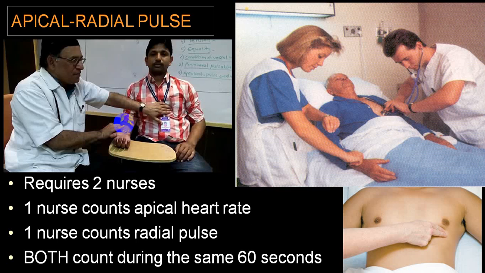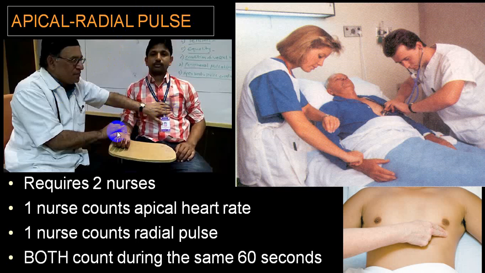A ventricular premature beat will produce apex pulse deficit, or we use the word miss beats. So in a minute, if you calculate the number of miss beats, that gives you the apex pulse deficit. This is very, very important, and you have to compare the apex impulse with the radial pulse, and it should be done by the same person, and this is the best technique.